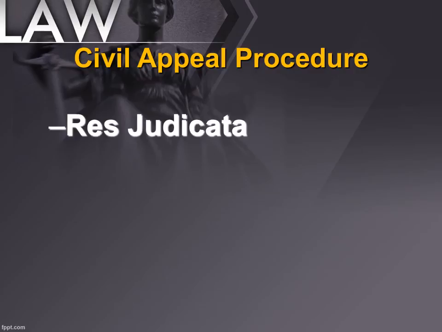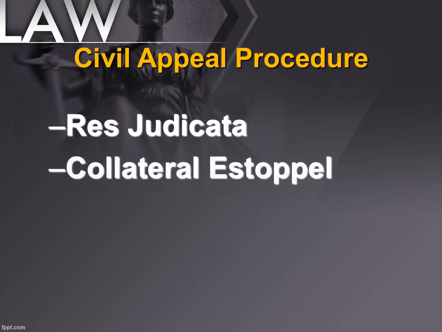So res judicata is a typical way to attack a court of appeal from listening to an appeal, because it's the jury at the lower court that has tried the facts, and or the judge. So it's claim preclusion. You're saying that it's already been decided by the lower court, it should not be decided again, and it should not have been listened to by this court.